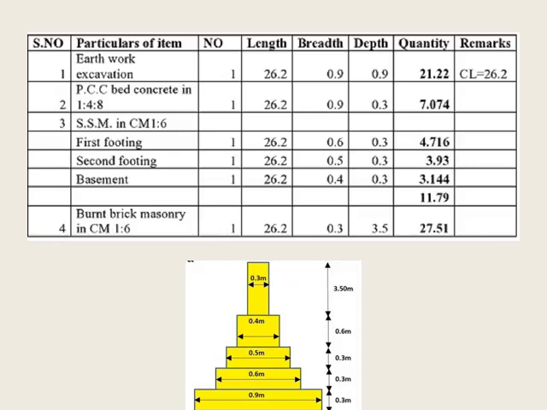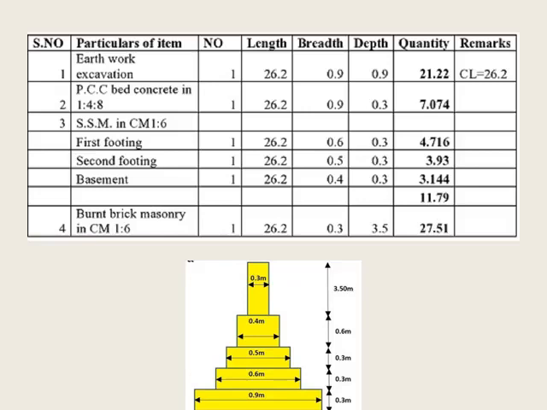Go for the second footing. Again the length remains the same, one number, 26.2, the breadth of the second footing given in the section is 0.5, and the depth is 0.3. If you multiply 26.2 into 0.5 into 0.3, you will get 3.93 meter cube.